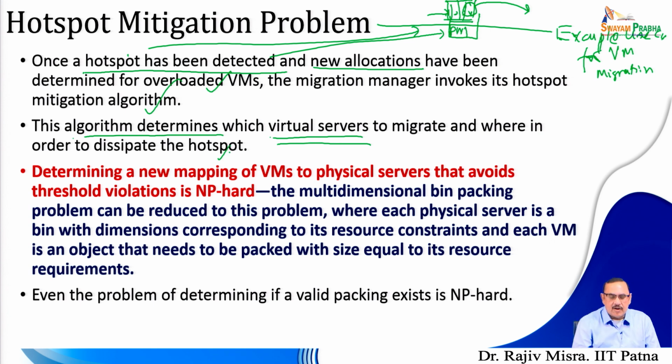So, that means that in the servers which are called hotspots, we have to identify those virtual machines which are contributing to becoming the hotspot or draining out all available resources of that physical machine.